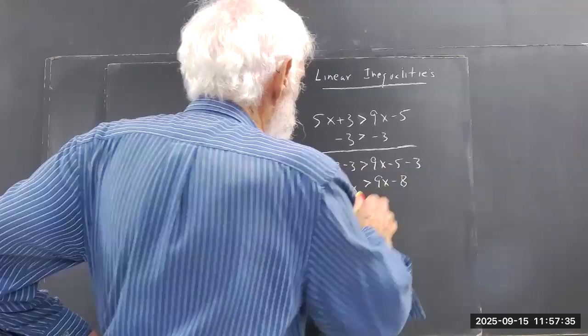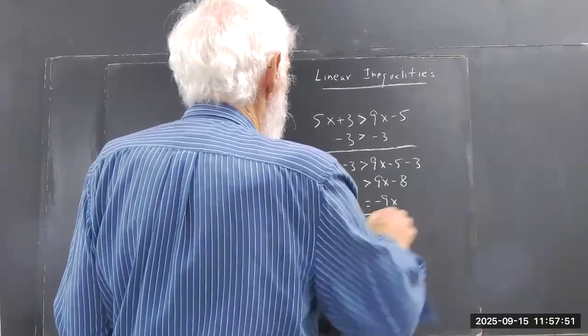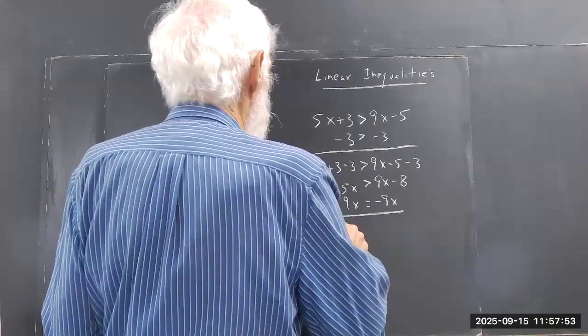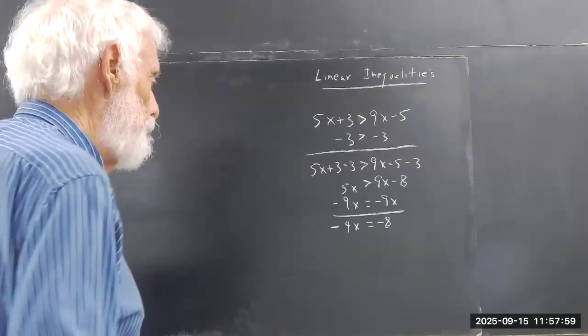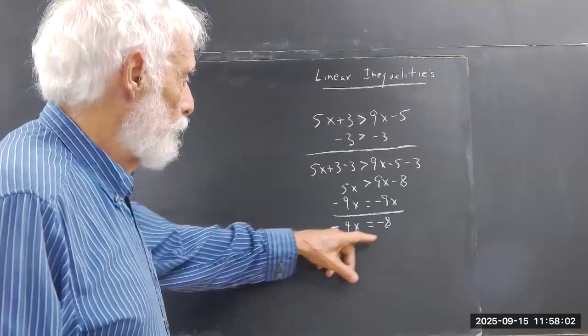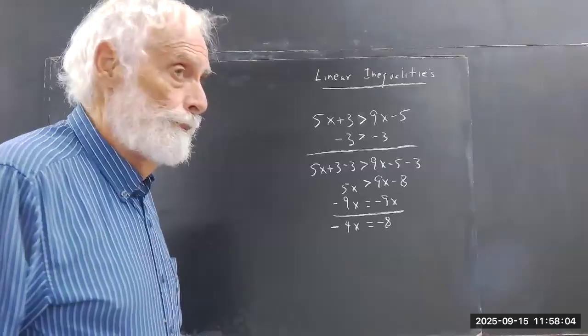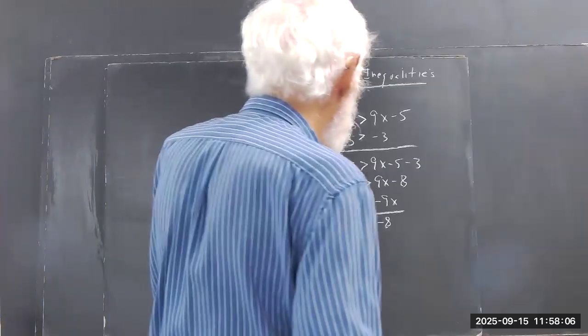Now my x, and I end up with negative 4x, and I keep writing equals.